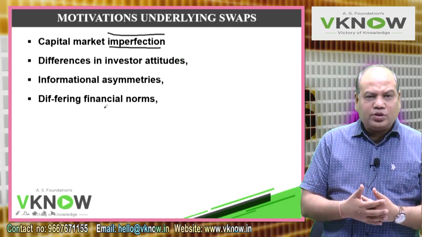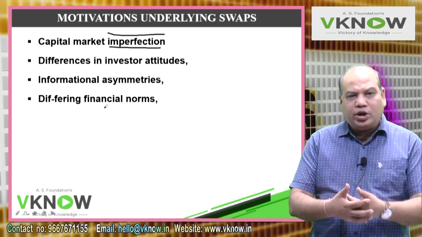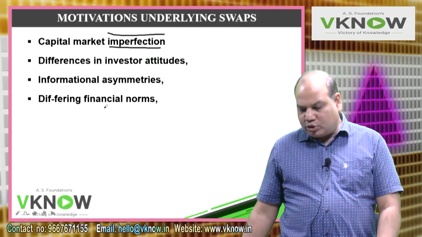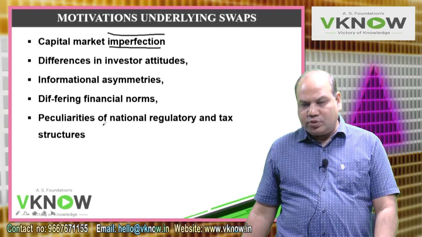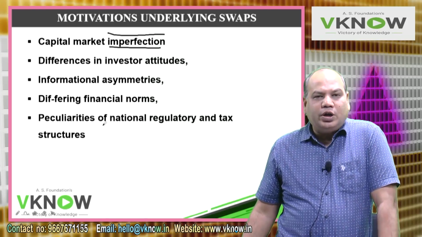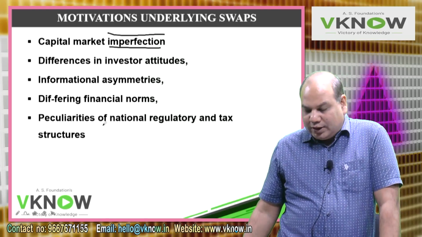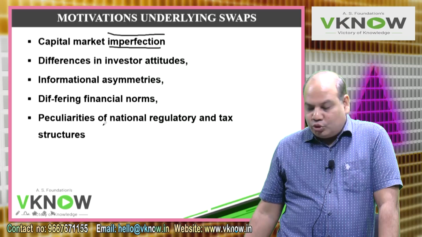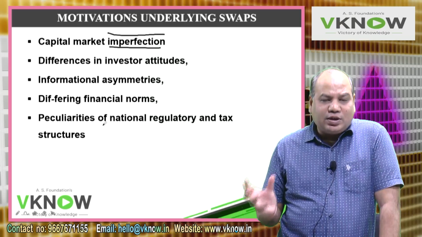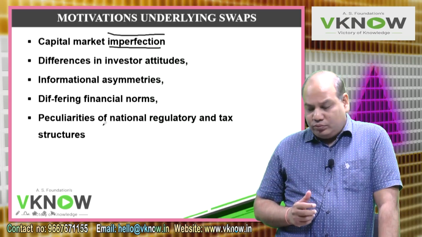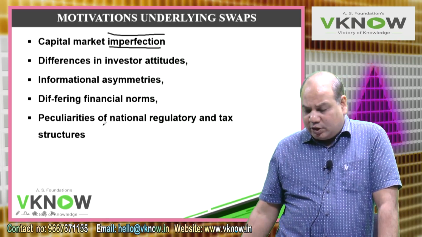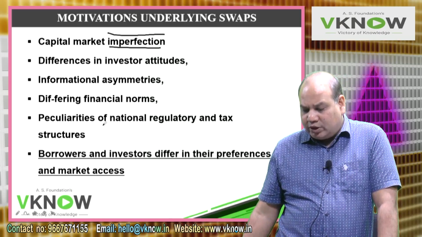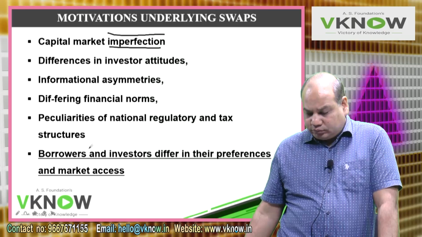By entering into a swap, you can reduce your borrowing cost because of differing financial norms. Another reason for entering into a financial swap can be differences in regulation and tax structure. So you can bypass these national regulations and reduce your tax liability by entering into a swap arrangement.